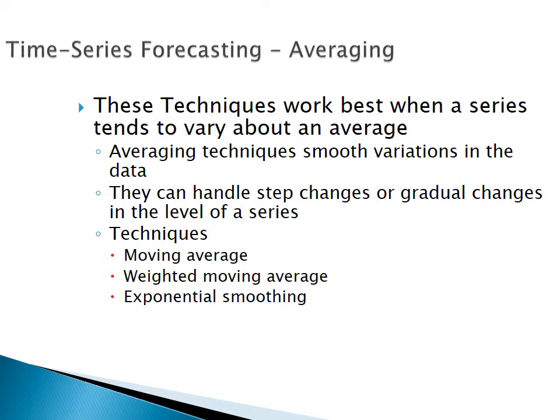Time series forecasting is based on the principles of averaging, and there are 3 different techniques for that averaging. One is moving average, then comes weighted moving average, and finally exponential smoothing.